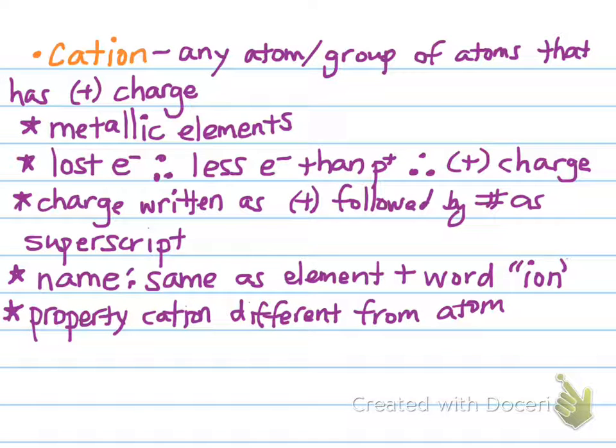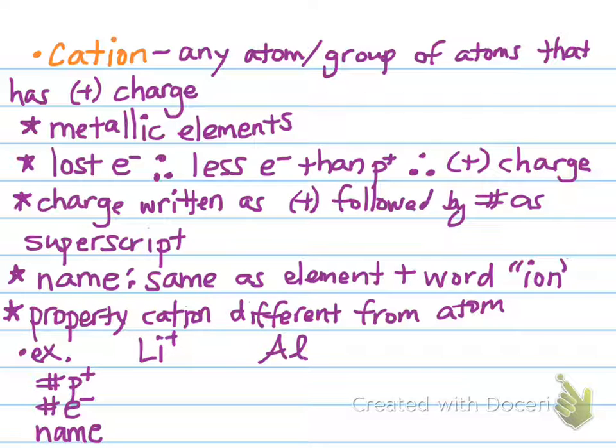So what we want to look at here is an example. For this example, I want you to determine the number of protons, the number of electrons, and the name. So I have Li+, Al3+, and Mg2+.